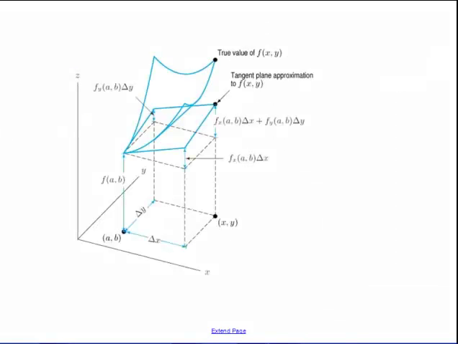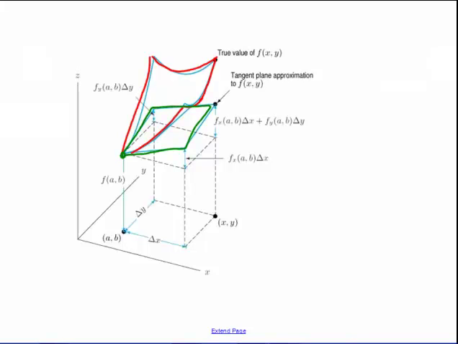And here's a picture to see what's going on. Just to be totally clear, here's our 3D curve, and we are trying to find a local linearization at the point a, b. You'll notice that we have this green plane, which is the local linearization of it.